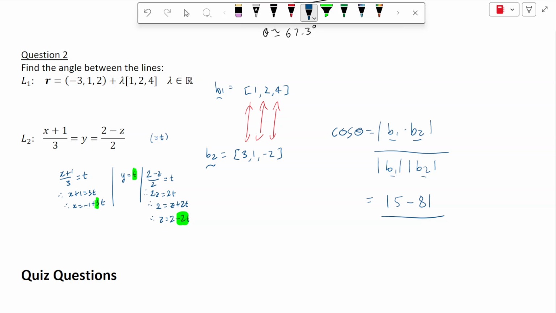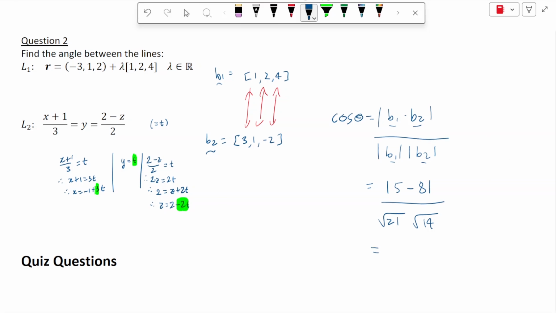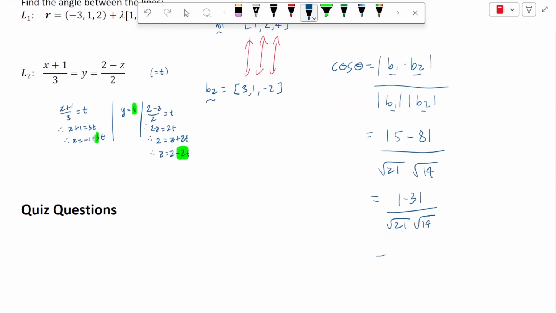Now mod b1 and mod b2. So mod b1 is going to be root of 21. And mod of b2 is going to be root of 9 plus 1 plus 4, which is 14. Cool. Yeah, that gives us -3 on the top and root 21, root 14 on the bottom. Now, when you see bars around a number itself, that means you just flick it back to positive.